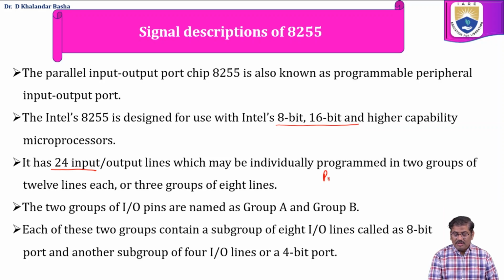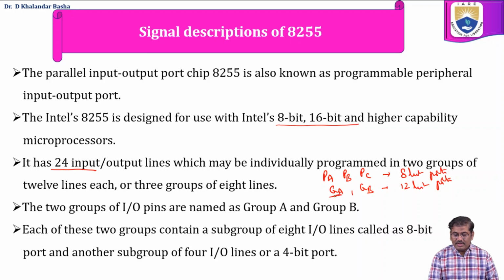That means in the program we may use either port A or port B or port C. All these are 8-bit ports. So if you are using it for 8-bit applications, we have 3 ports, that is port A, port B, port C. If you are using it for 12-bit applications, we have group A and group B, where we can use 12-bit port applications.